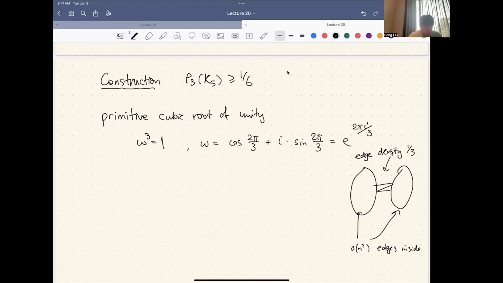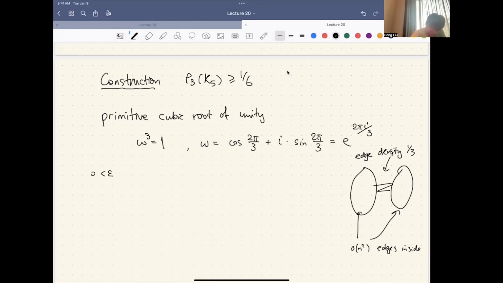So how are we going to do it? Let's take some parameters.